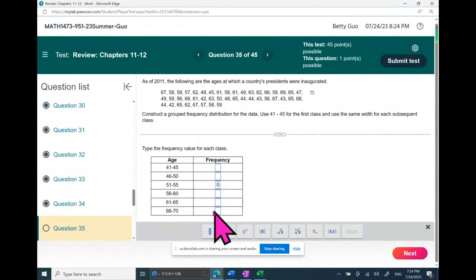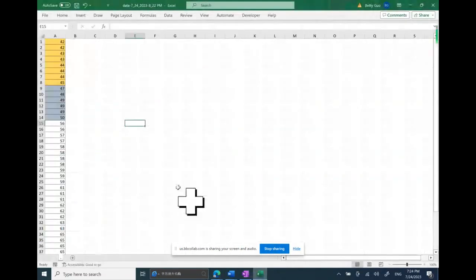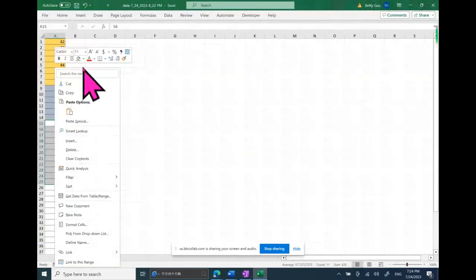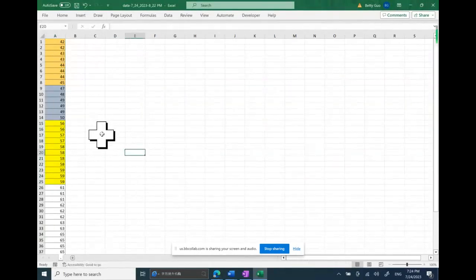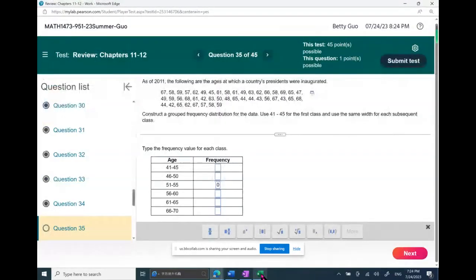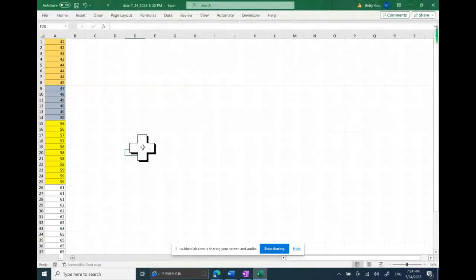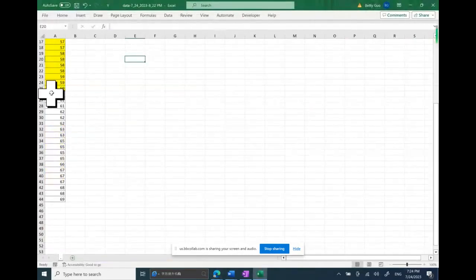We already know that. And 56 to 60. Different color. You can still use yellow as long as they are not adjacent to each other. 56 to 60. And the next class, 61 to 65.